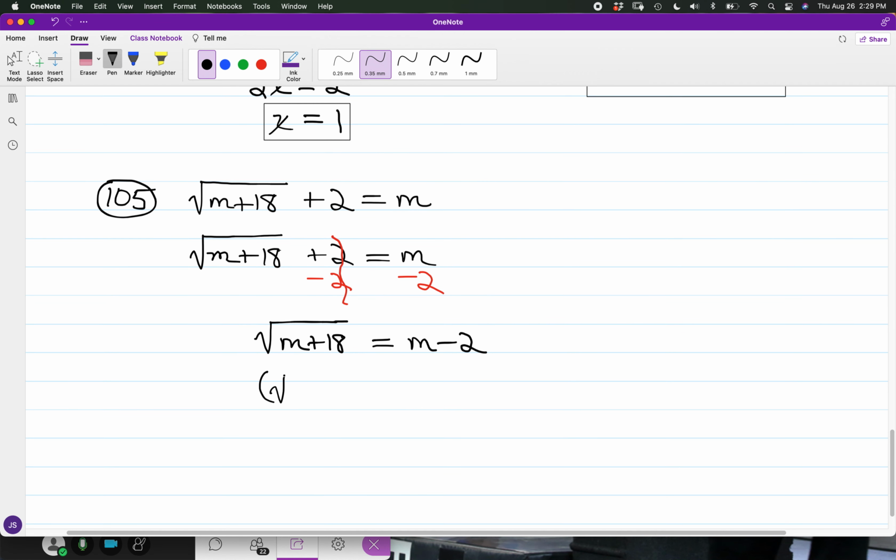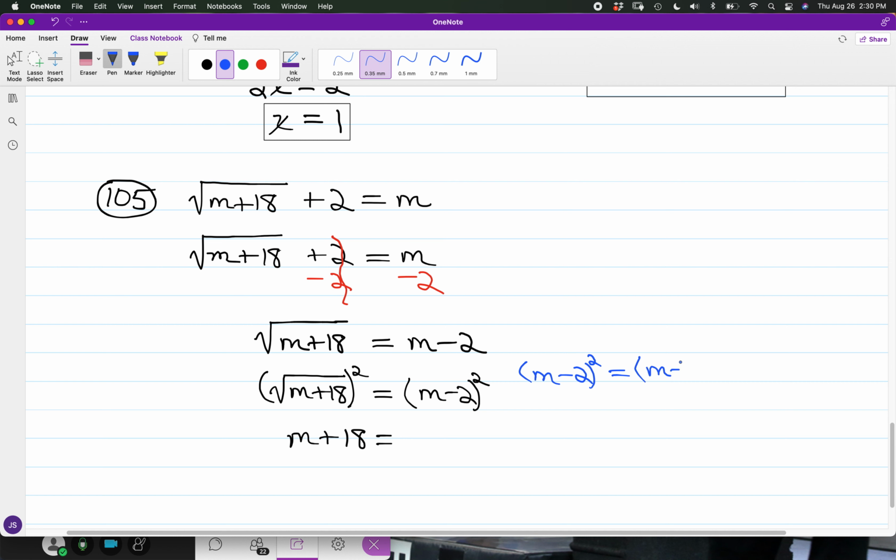And to remove the radical, again we have a square root, and square roots can be removed by squaring. So in this case, if we square both sides, the left-hand side becomes m plus 18. And just a reminder, in the case of the square of m minus 2, you have m minus 2 times itself.